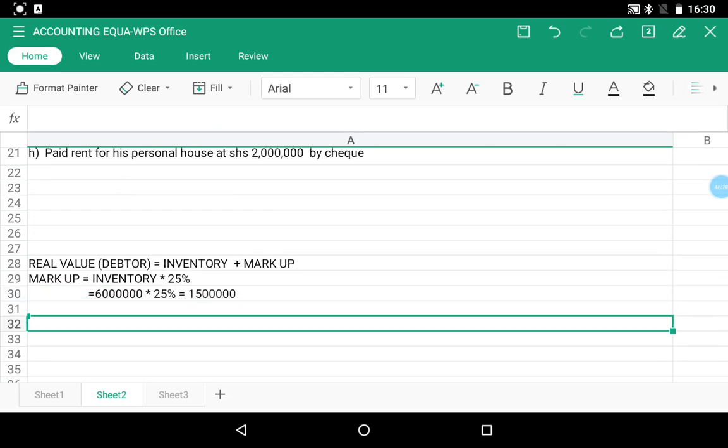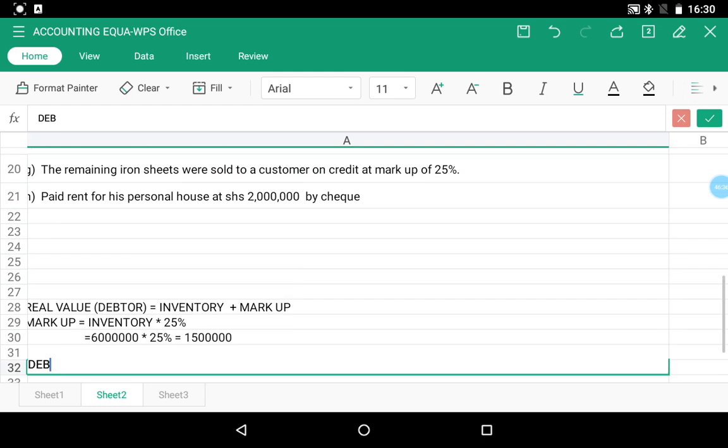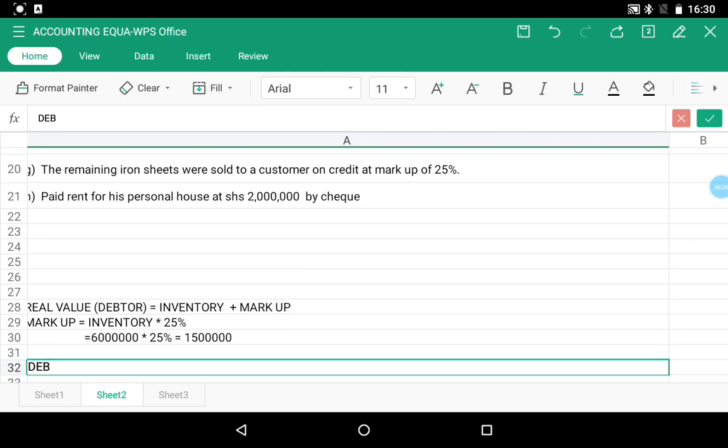So the real value of the debtor, because I want to know the worth of the goods when they sold them, because they have told us this customer took goods on credit at a markup of 25%, which is a profit.